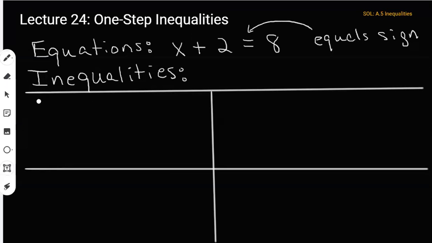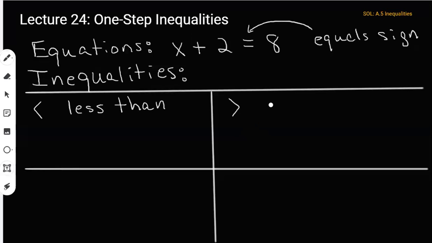The first one is the less than symbol. How many of you have seen this before? Well, if you took Algebra 1, you should have seen it. This is going to be the less than symbol. It's going to be pointing to the left. But then you also have another symbol called the greater than symbol.